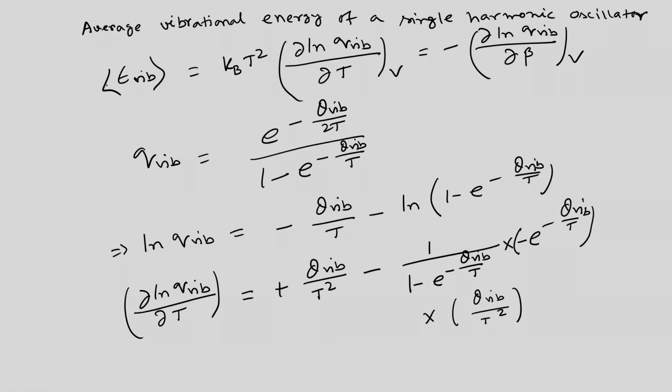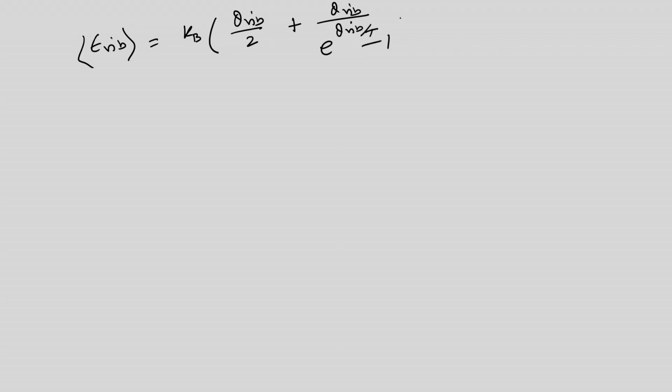So, if you further simplify and substitute the value of del ln q vibrational by del T, then we get epsilon vibrational is kB times theta vibrational by 2 plus theta vibrational by e to the theta vibrational by T minus 1.